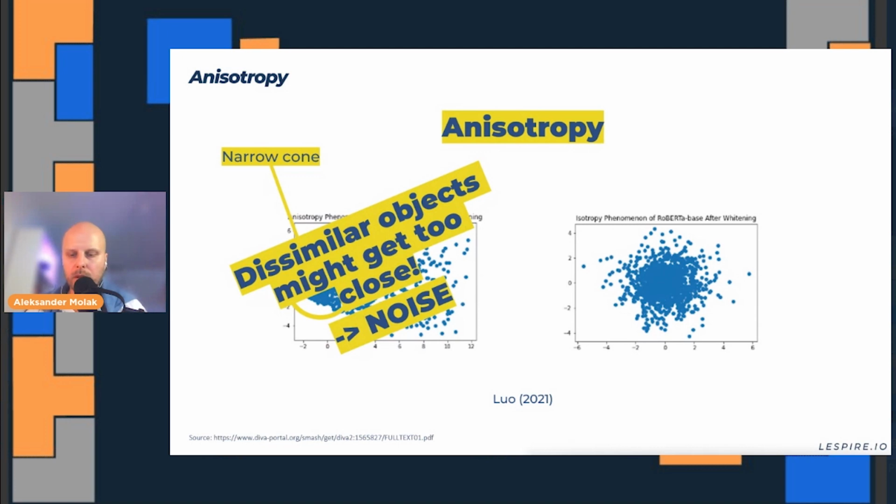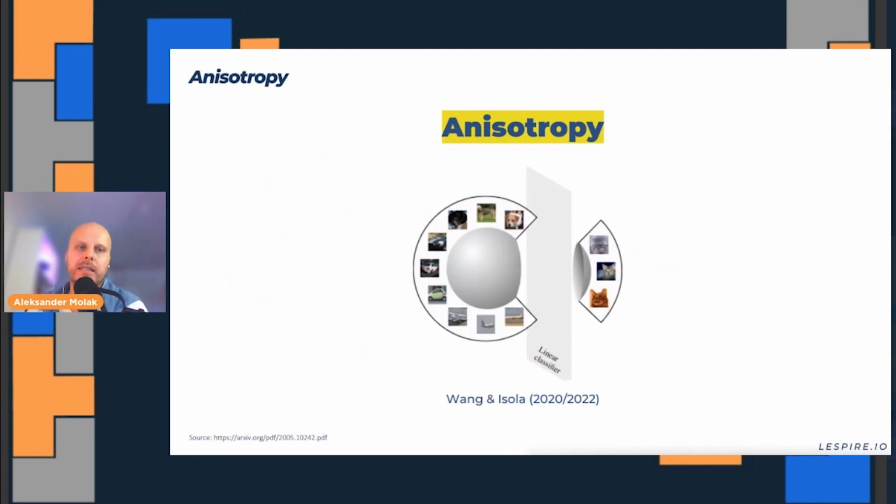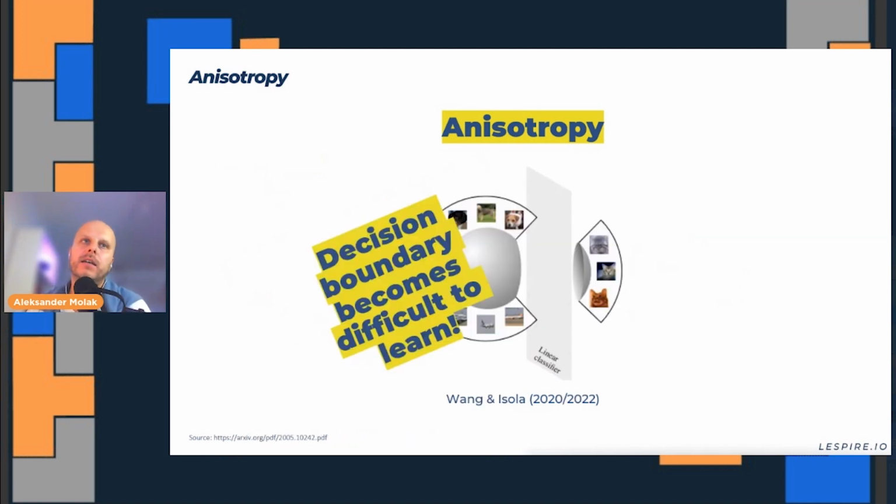One challenge with this is that it might be very difficult to build a decision boundary. A model will need to build a decision boundary that is very curvy and goes between all those cats and dogs to separate them from trains and buses, right? Because there's very little space. And when the representation is isotropic, our decision boundary essentially becomes linear, which means it will become a hyperplane in high dimensional space.